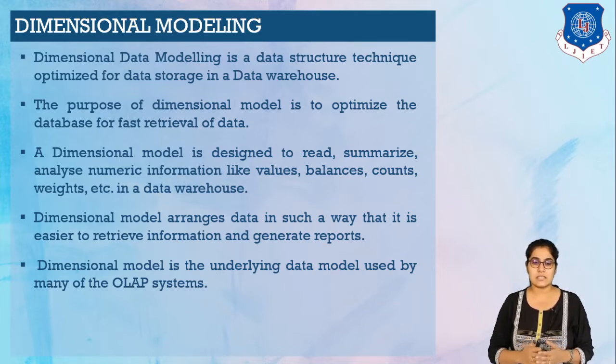For instance, in the relational model, normalization and ER models reduce redundancy in data, whereas, on the other hand, the dimensional model in a data warehouse arranges data in such a way that it is easier to retrieve information and generate reports. The dimensional model is the underlying data model used by many of the OLAP systems.